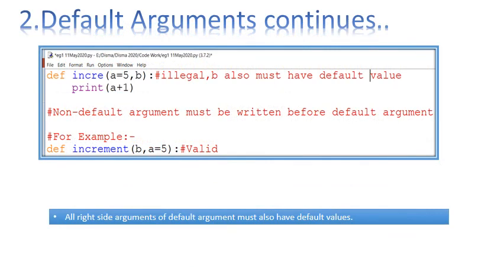Next, we are going to see how you can give default arguments to the formal parameters. In the screenshot, you can see an incre function with 2 formal parameters, one is a, another one is b. a has a default value 5, but b does not have a default value.